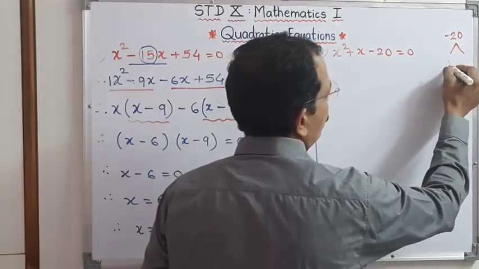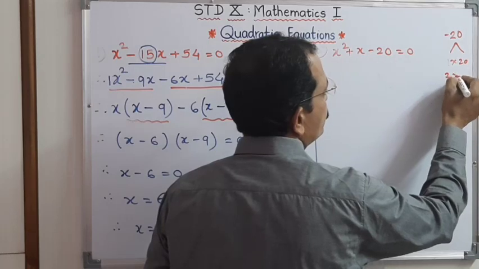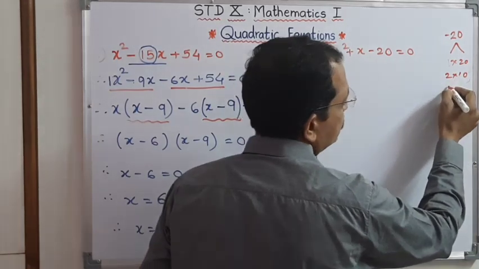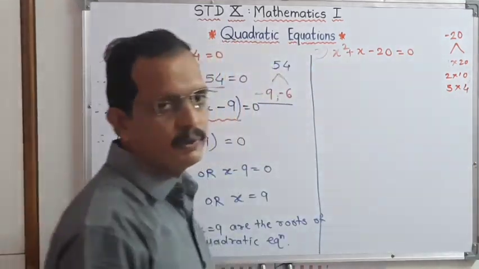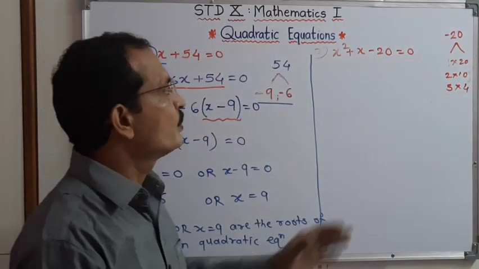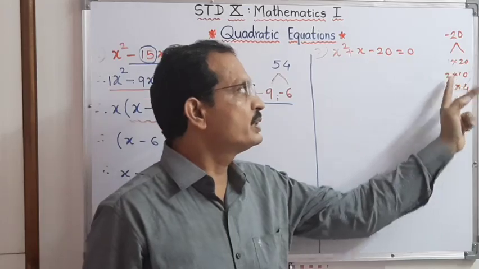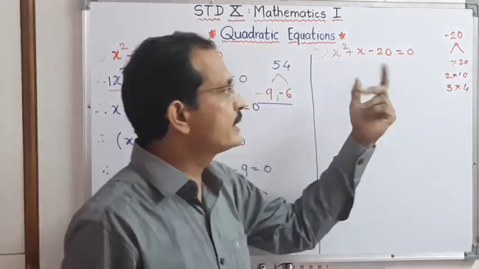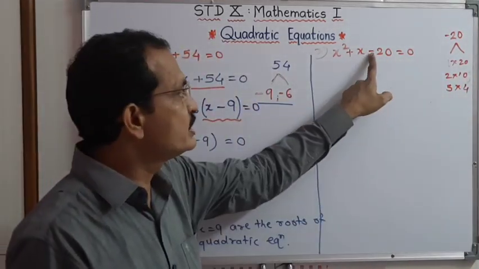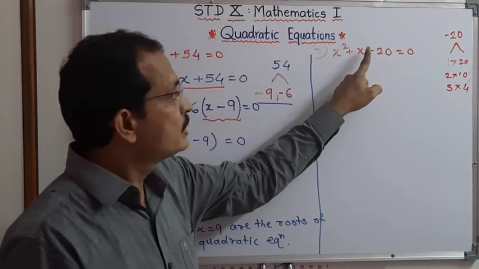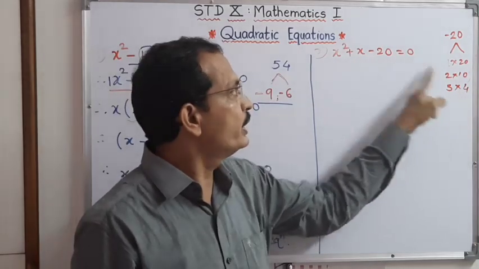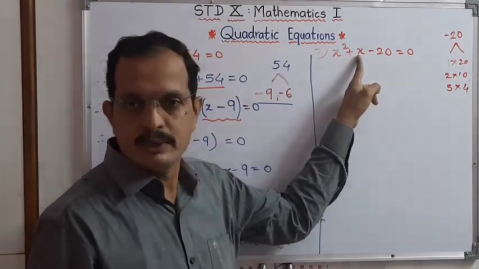Suppose I take 1 into 20, then 2 into 10, then 5 into 4. Like this we can write the factors. Now the first condition is followed, multiplication is 20. But what about the second condition? Here it is minus sign, therefore we have to see that the subtraction of these two equals the coefficient of the middle term.